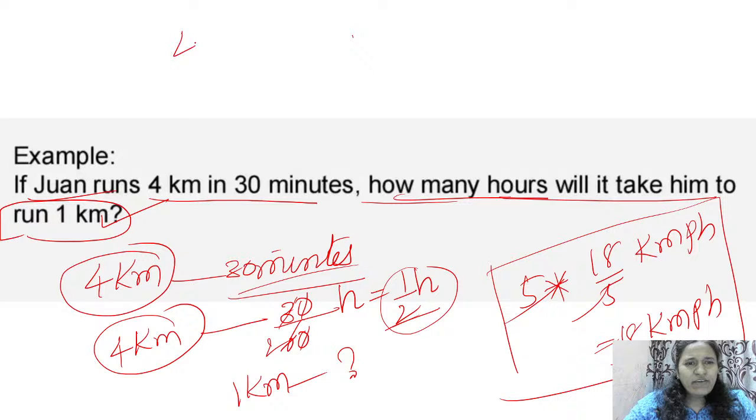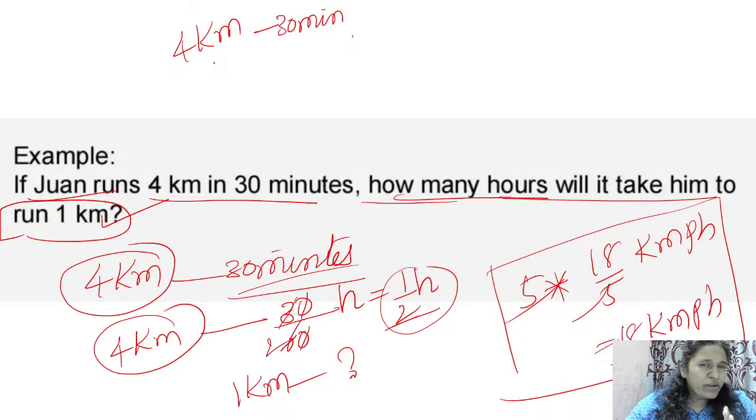Here the question is given: 4 kilometers, he runs in 30 minutes. But the question is asking, in 1 kilometer how many hours will he take?